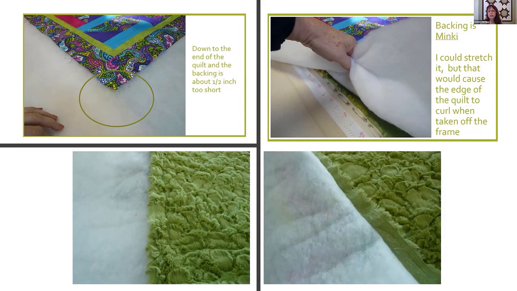Well, it comes down to how you load it. If your back is rather tight, then you're going to have less shrinkage than if it's very loose. And so that can be an advantage or a disadvantage depending on the back that you have. Because if it's pieced, you're going to want it tight, or that shrinkage can also cause foldovers. So keep your back tight if you've got piecing.